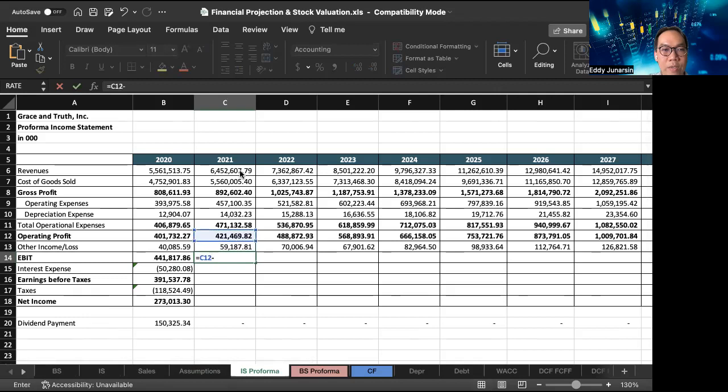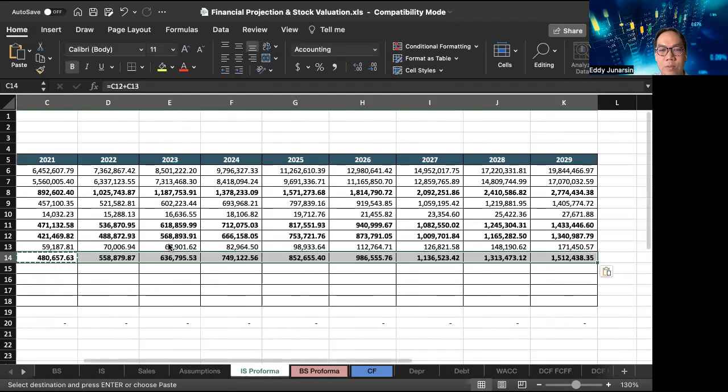Operating profit, yeah, it's plus, right? It's positive, so more income than loss for the extraordinary items. So plus the other income, because it's positive, more income than loss.